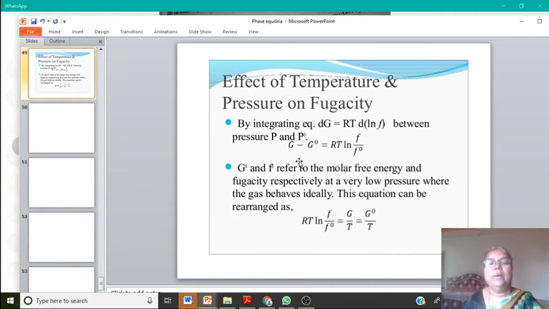So for the time being, remember that G minus G0 is equal to RT ln f by f0.